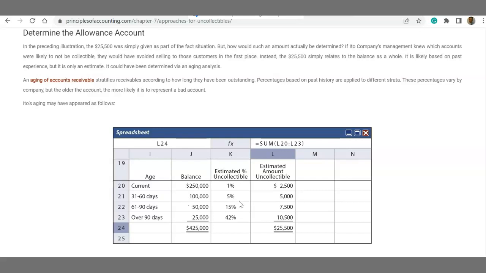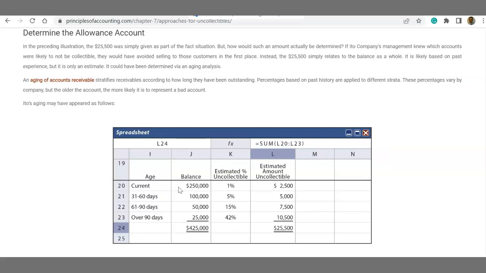And if you use percentage of accounts receivable to calculate your allowance account, then remember, it's so important to know how much the allowance T account has in its ending balance from last period, because you need to consider that. However, you don't need to consider that if you use percentage of credit sales.